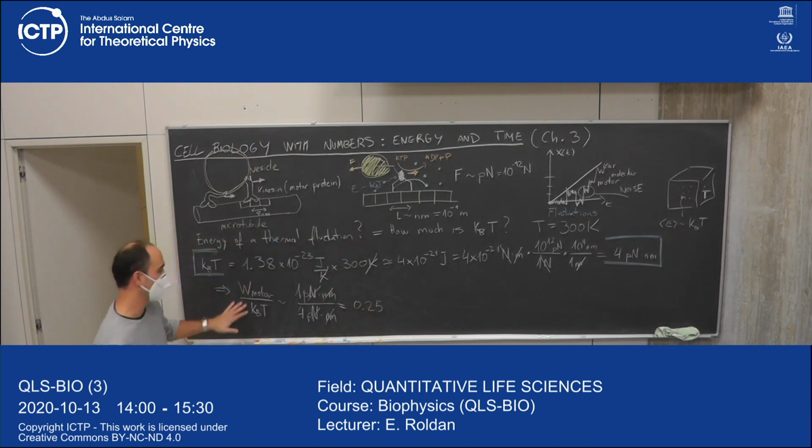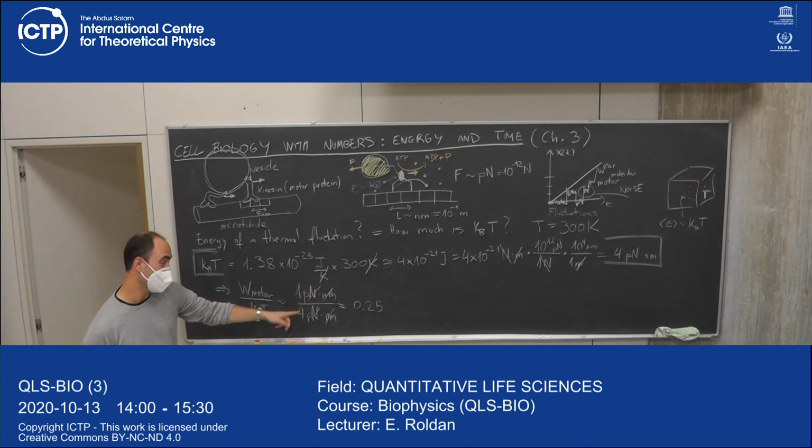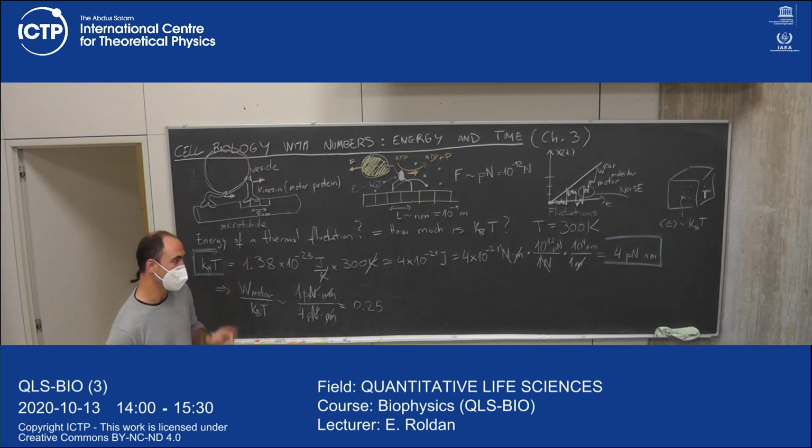So if the force is 1 piconewton, the work done by the motor in one step is 1/4 the energy of the thermal fluctuation. So this will be a motor that is moving backwards a lot of times. Okay? It can move backwards a lot of times.